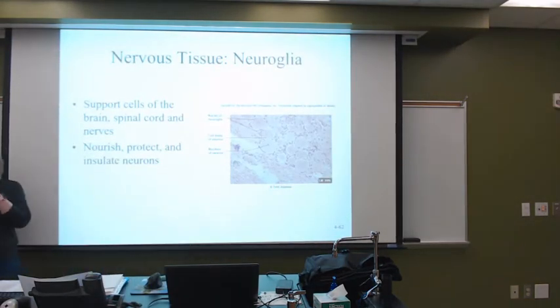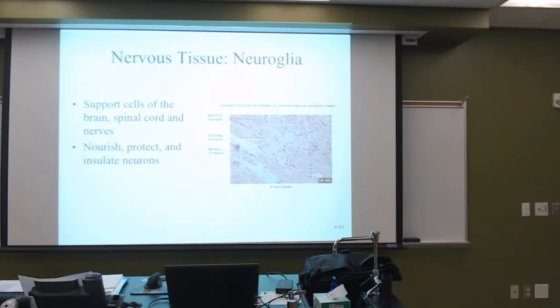Neuroglia, when you hear this term, this is telling you it's a glial cell, and what you'll begin to learn is that neurons, because neurons are our nerve tissue, they need to be protected.